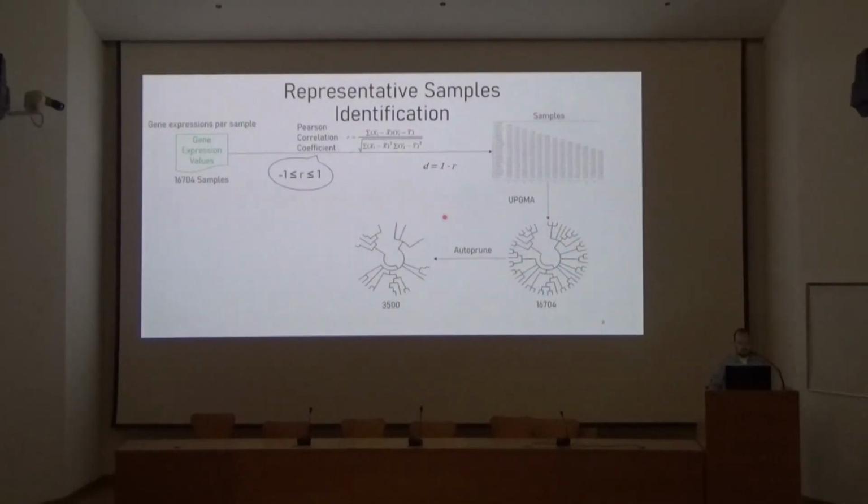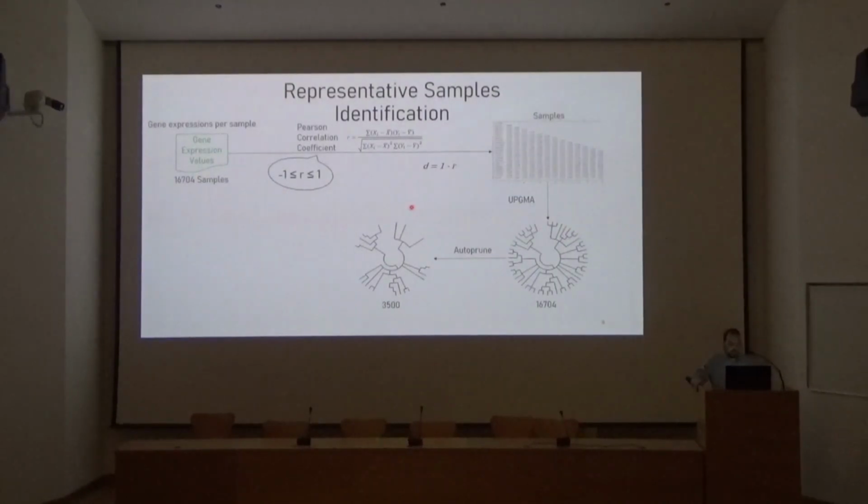From that, we resulted in a sample distance matrix, which shows us the distance between each of the samples, and we used that as input to the UPGMA clustering algorithm. You may know that as the average linkage algorithm, and that resulted in a sample tree which resembles phylogenetic trees, and on that tree, each leaf was represented by one of our samples.